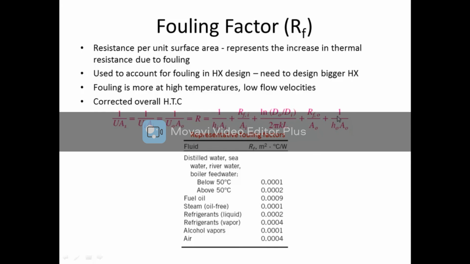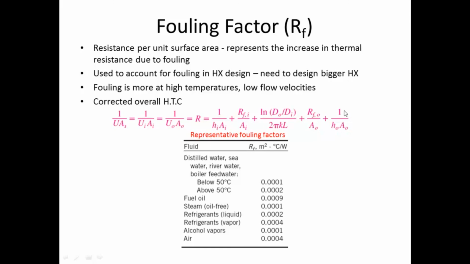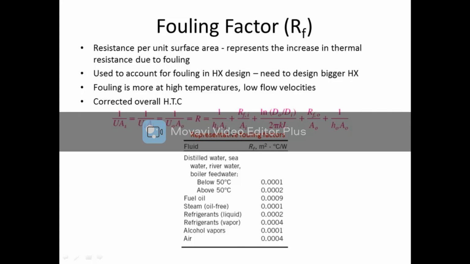And the last term is the convection on the outer surface. 1 by HOAO is the convective resistance for the outer surface. So we now have two additional terms here denoting the fouling of the inner surface and the outer surface. So as we can see, that is going to increase the overall resistance and it is going to reduce the overall heat transfer coefficient U.